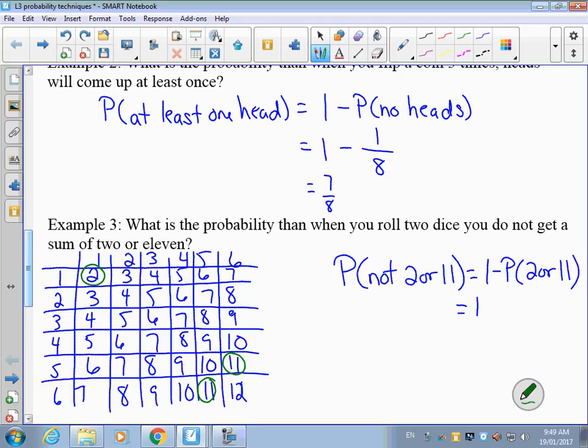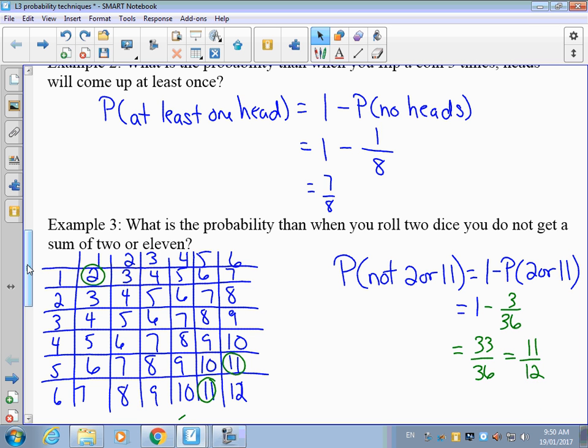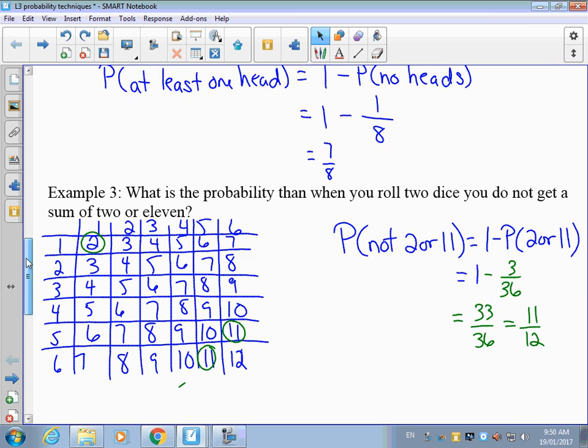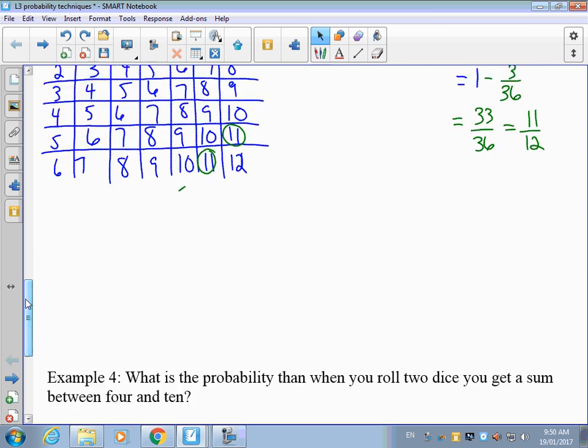So there's only 3 out of a total outcome of 36 to look at, which would give me 36 minus 3, 33 out of 36, which is 11 in 12 probability of not getting a 2 or an 11. So quite high, the probability.